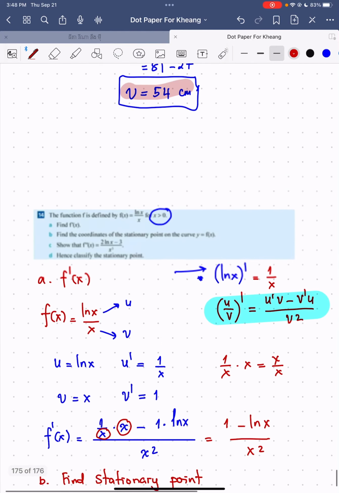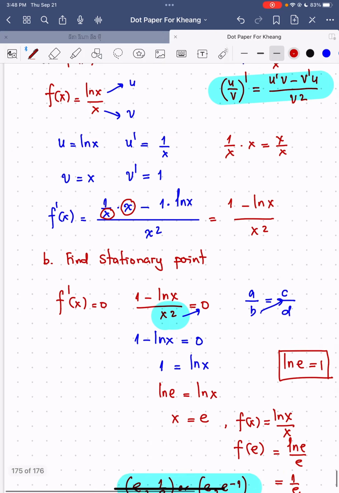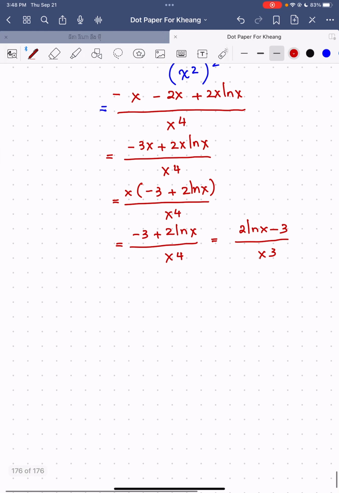So what they want here is 2 ln x minus 3 over x cubed. So we found it, and that will be true. It's your choice whether you write it in detail or, if you understand, just write it in shortcut. Okay, that's it.